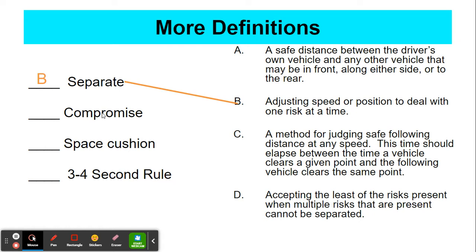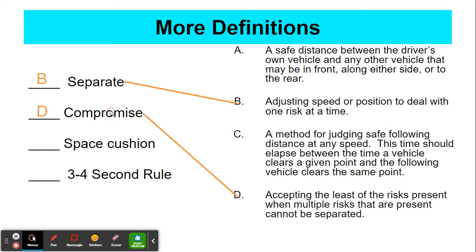Compromise, you are literally giving up your right to the roadway so that you're not going to have an accident. Okay, so that could be coming to a complete and utter stop because let's say something's in the way of your path of travel and you can't go around it because that would be very, very dangerous.